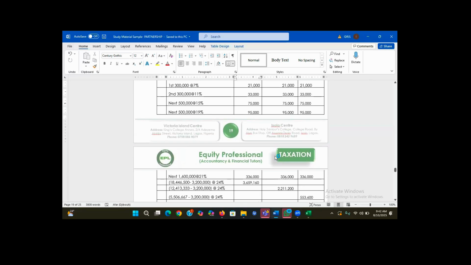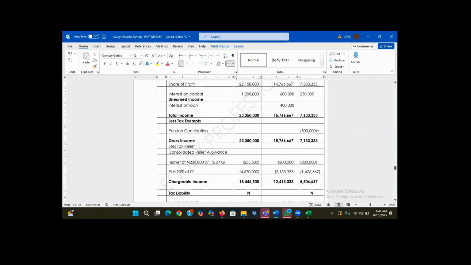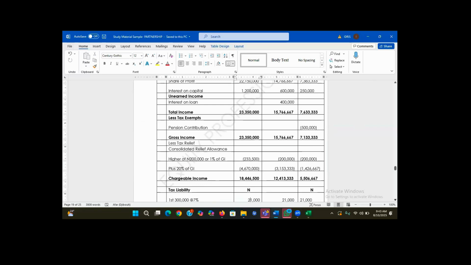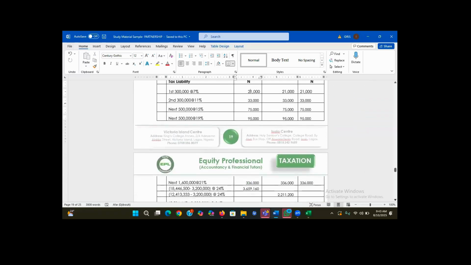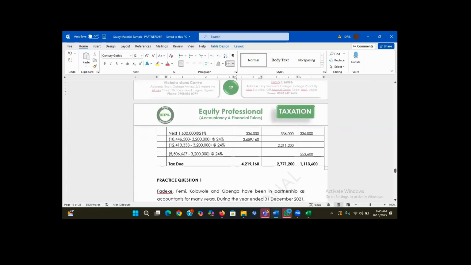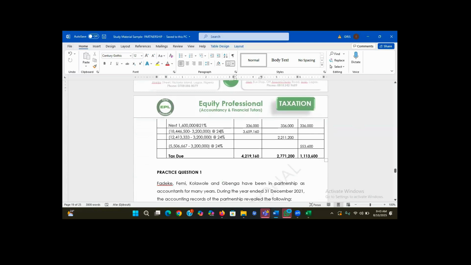You will now remove it from his chargeable income, 18,446,500. If you remove it, the balance is going to be at 24%.